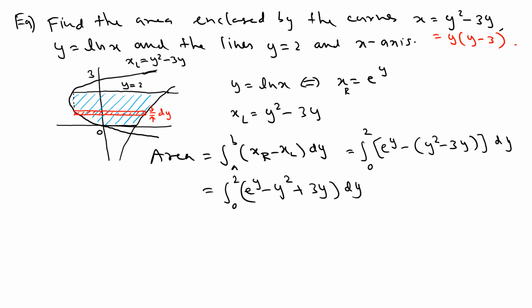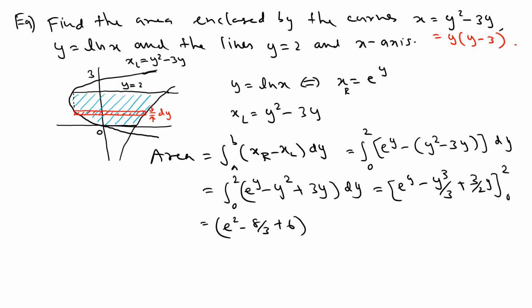Now this is easy to integrate, so you get e^y minus y cubed over 3 plus 3 halves y, integrated between 0 and 2. Let's plug in the values. You get e squared minus 8 thirds plus 6.